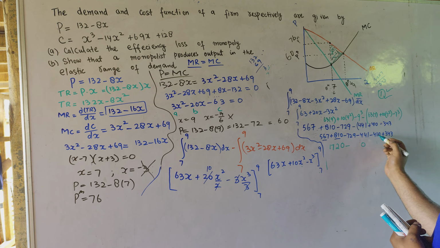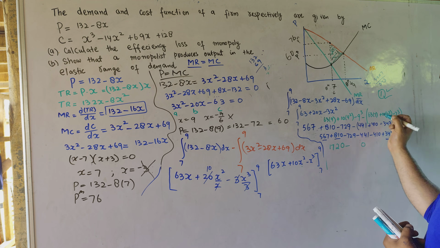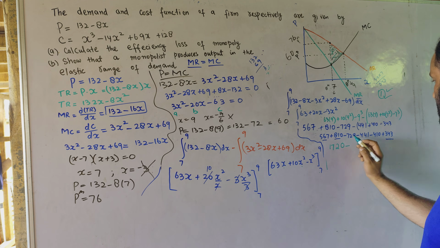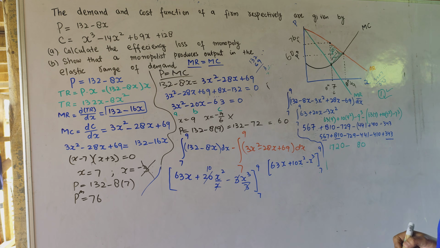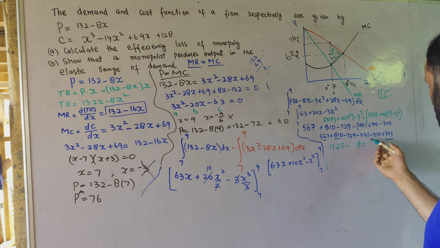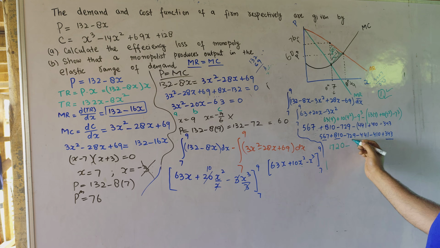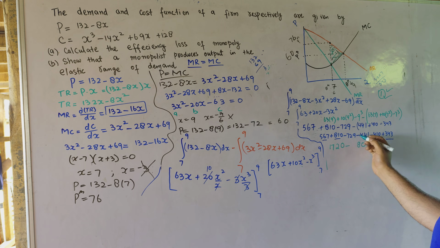Then 4, 5, 7, 8. Let me see. I guess I have done some mistake. Then 4 plus 1 is 5. Then 4 plus 4 is 8. So we get 1580.